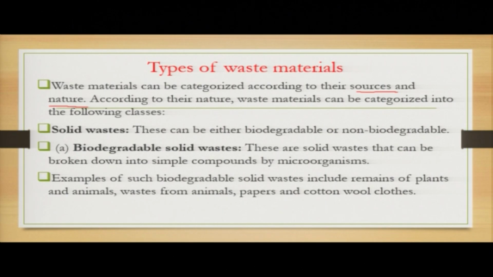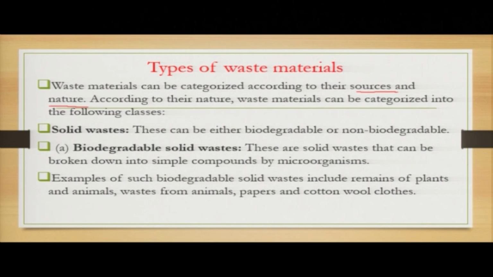So what are the biodegradable substances? We have mentioned these are solid wastes that can be broken into simple compounds by microorganisms, mainly bacteria and some other organisms. Examples of such biodegradable solid wastes include remains of plants and animals, wastes from animals, papers, cotton wool, clothes.